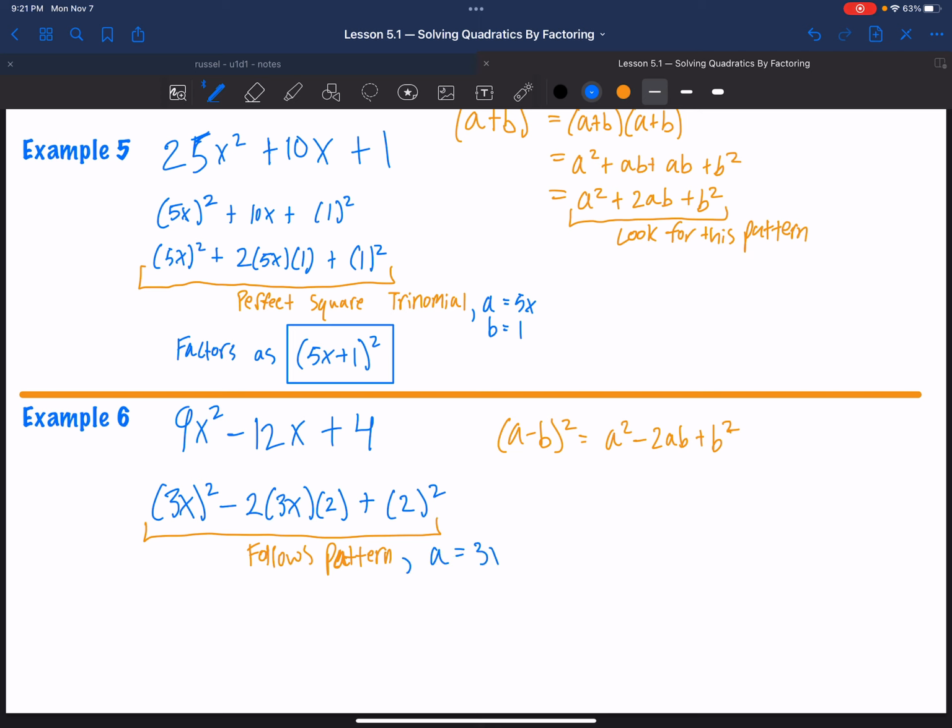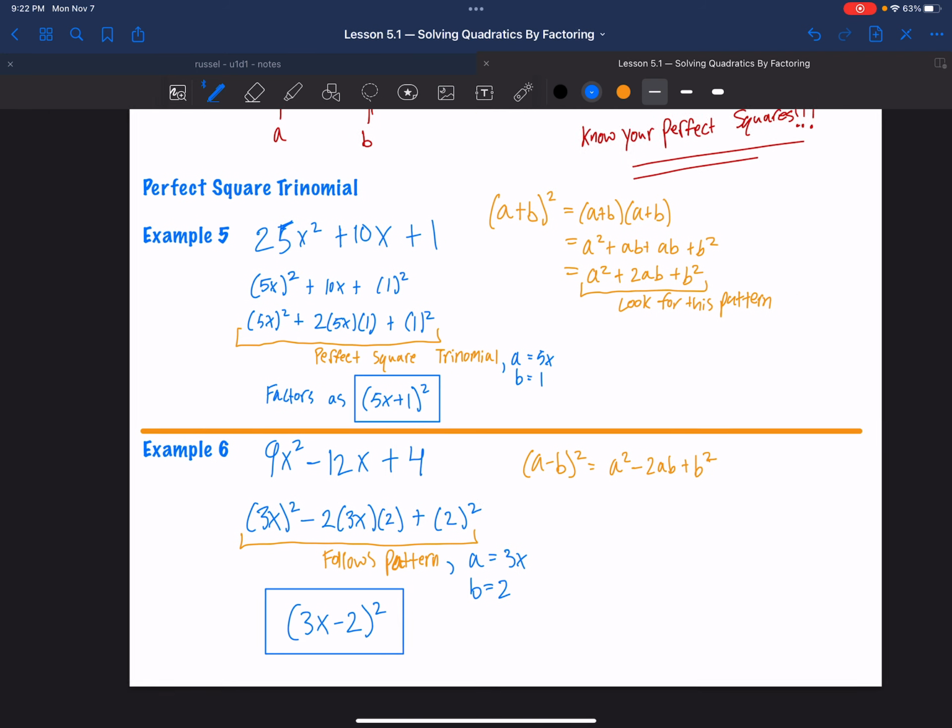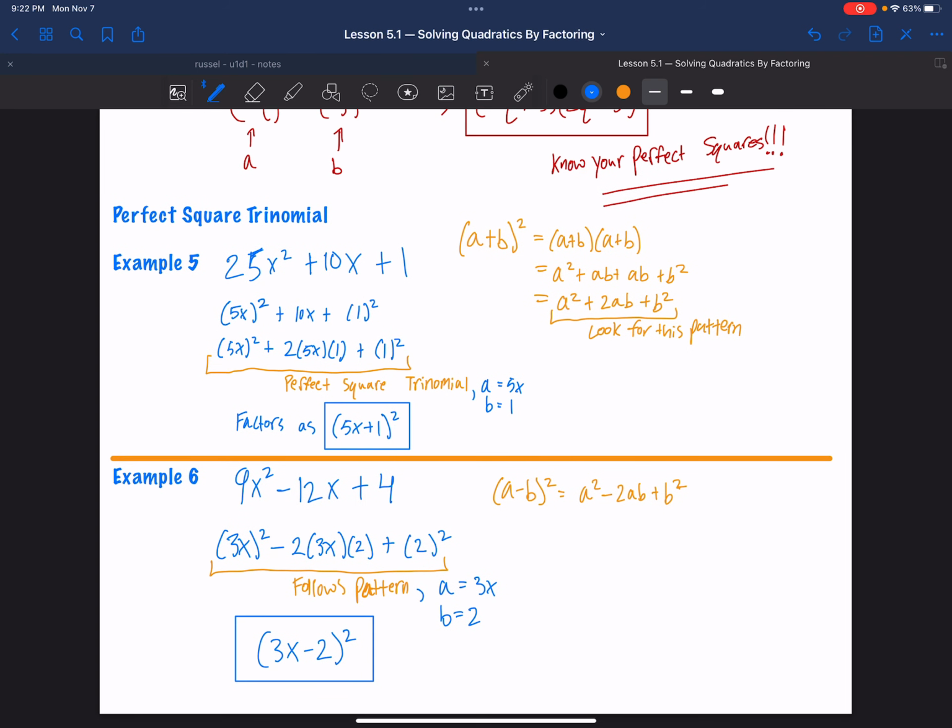So a equals 3x, b equals 2. So this factors as 3x minus 2 squared. Okay, nice. Those are perfect square trinomials. Now, I'm going to let you know, those can take a while to really get used to, notice, and see fluidly.